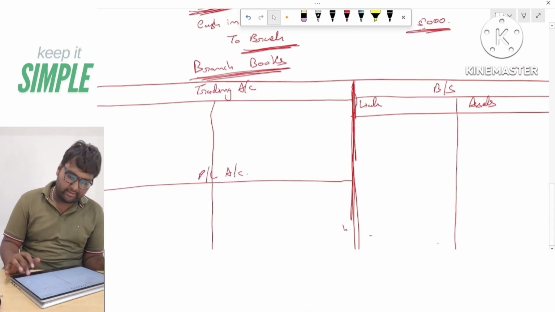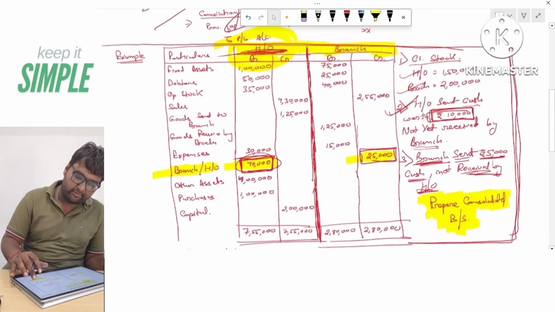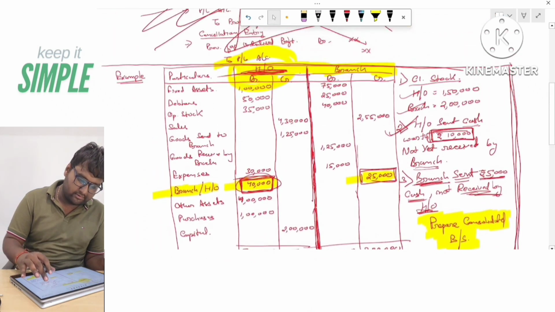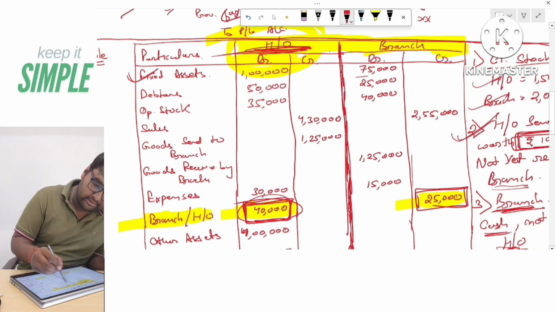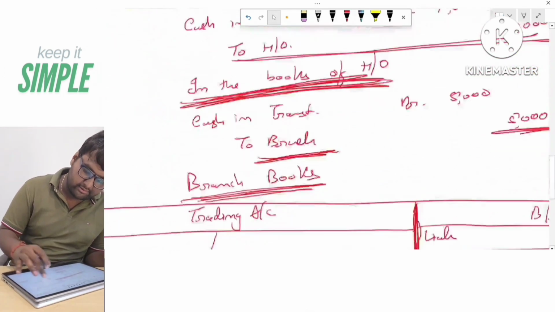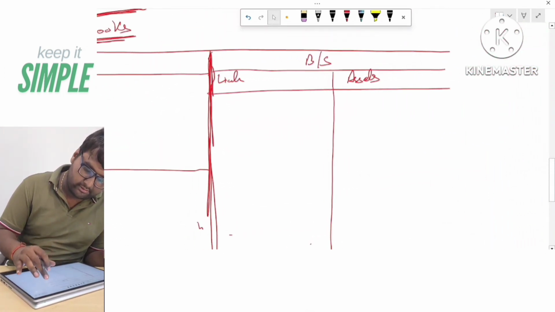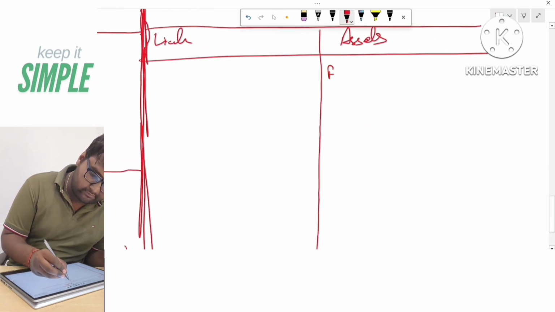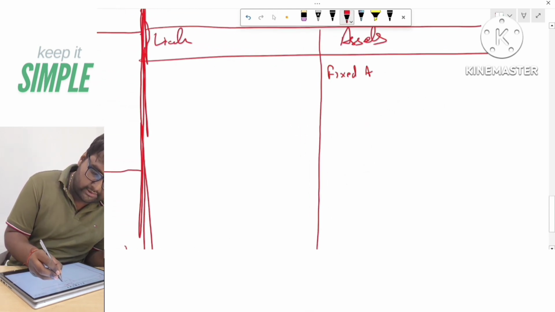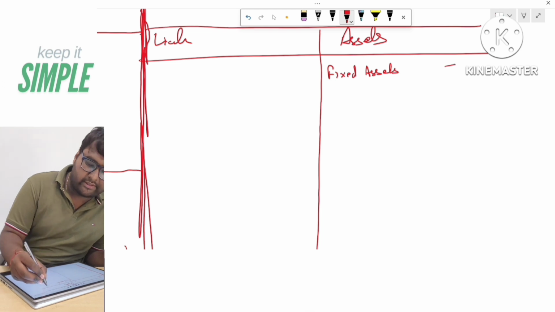Chalo, we'll start preparing. This final account we are doing from our childhood. We'll continue that. So what we do? Fixed assets 75,000 branch. So we'll write fixed assets 75,000.